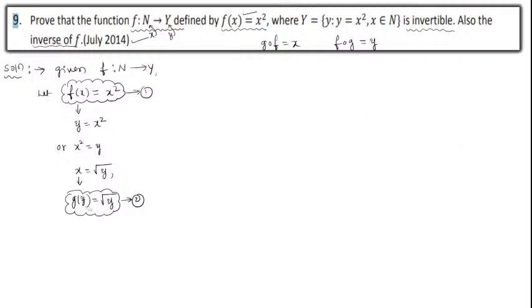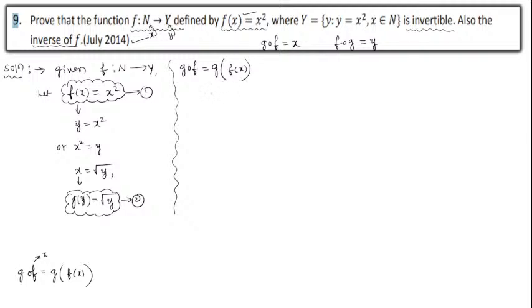So next step, consider your gof function. Already I told you gof can be written as g of f of x, since f is always related to x, so easily you can write g of f of x here. Clear? So gof can be written as g of f of x.